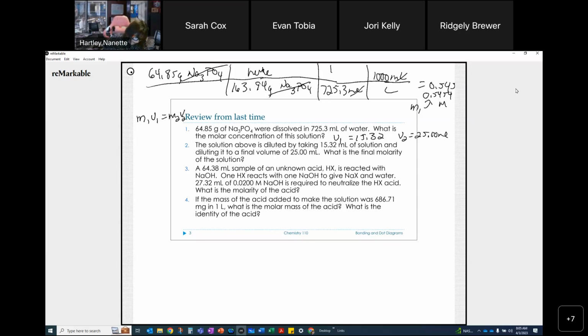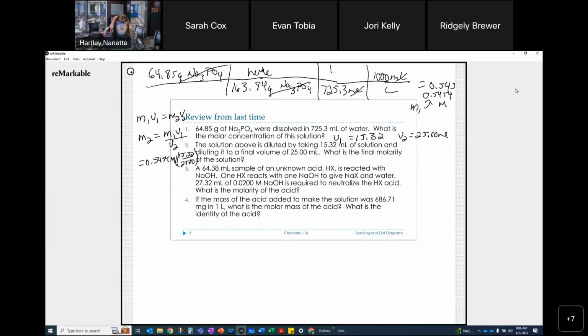So if I have M2 is equal to M1 V1 over V2, I have 0.5454 molar, and I multiply that by 15.32 over 25.